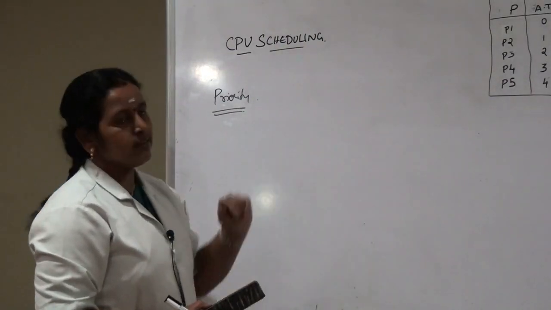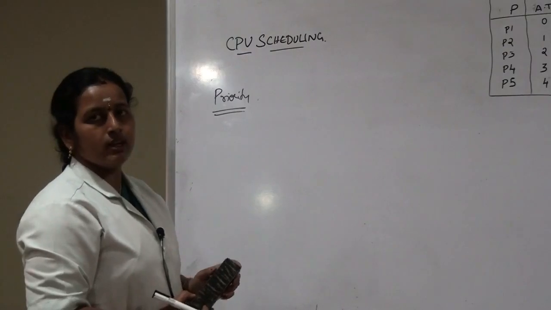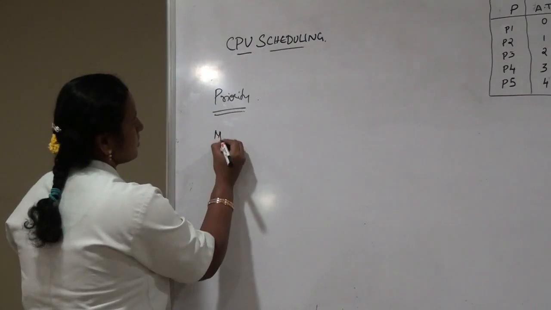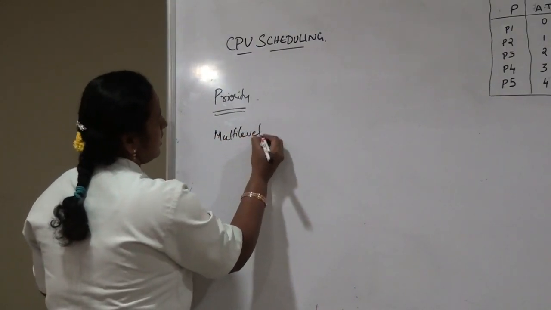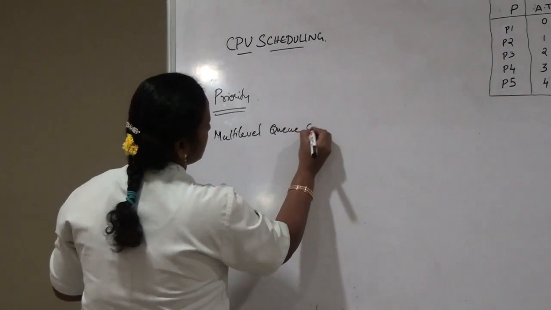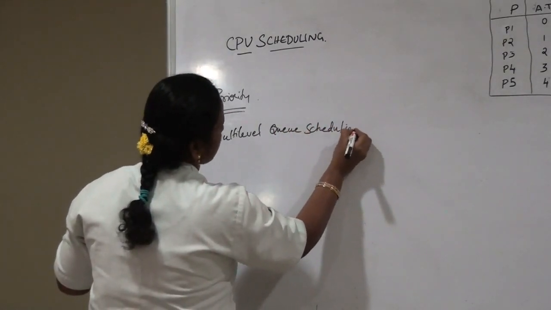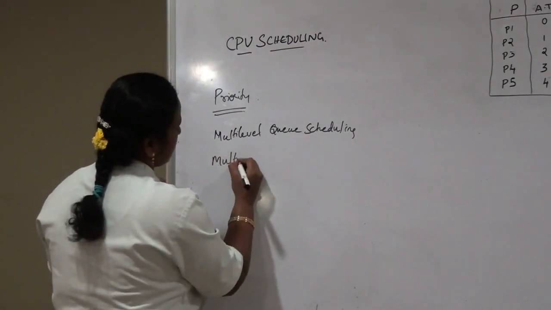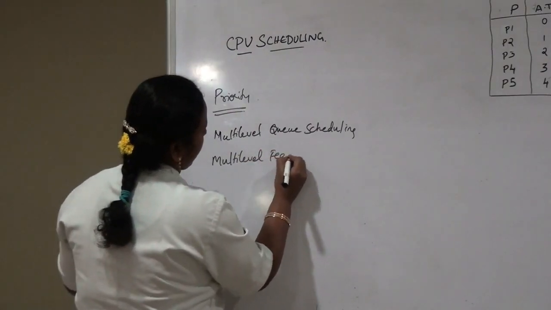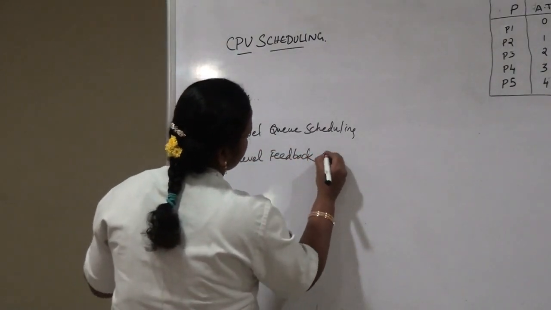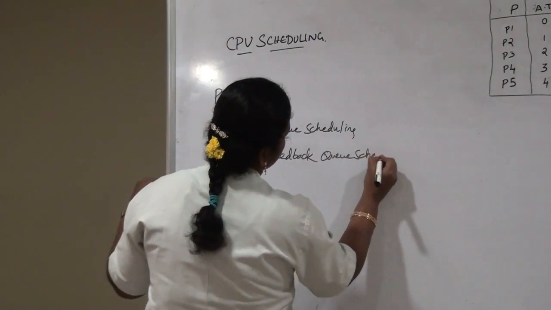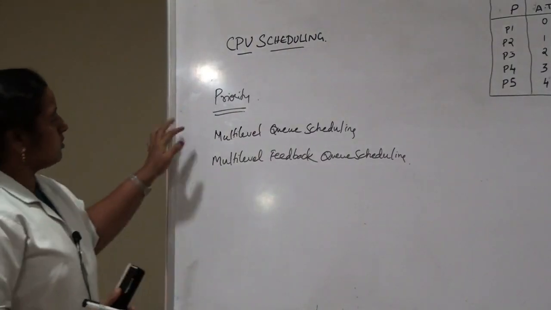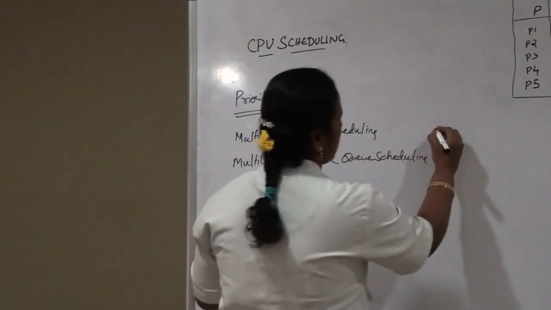The process which has the highest priority will be considered and taken for execution. The others which you have are multi-level queue scheduling and multi-level feedback queue scheduling.